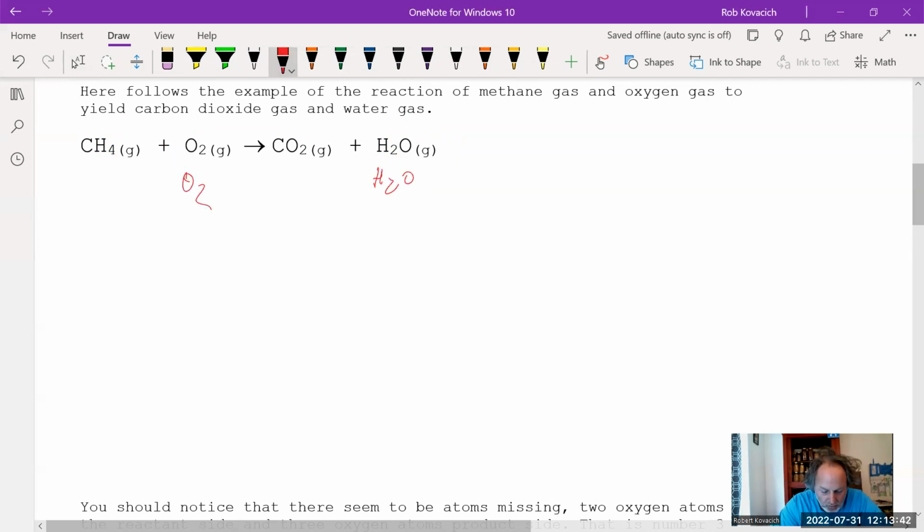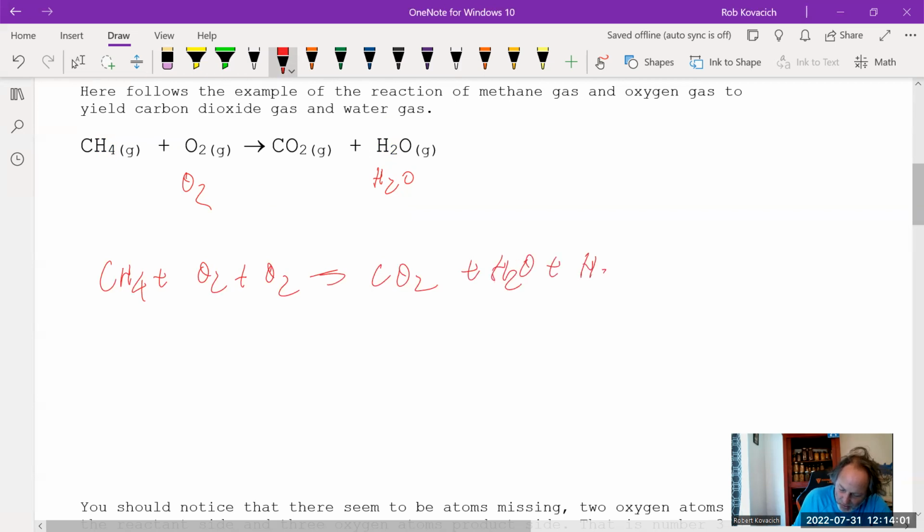Okay, so 1 methane, 2 O2s makes a CO2 and 2 water molecules. So we could write it CH4 plus O2 plus O2 yields CO2 plus H2O plus H2O.